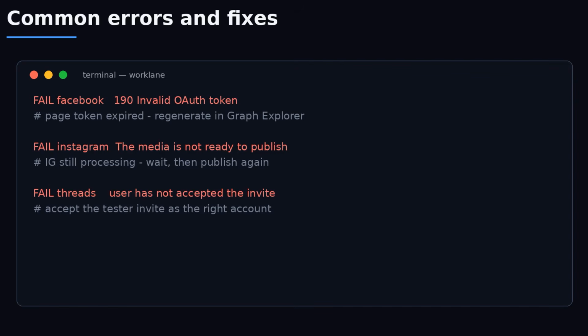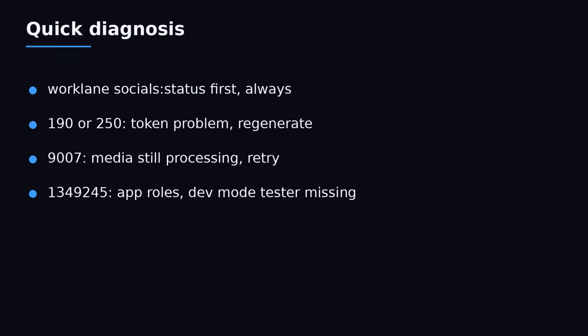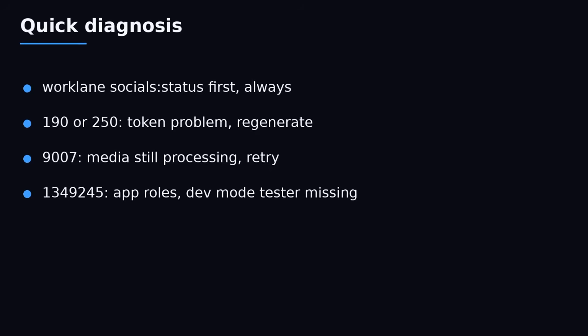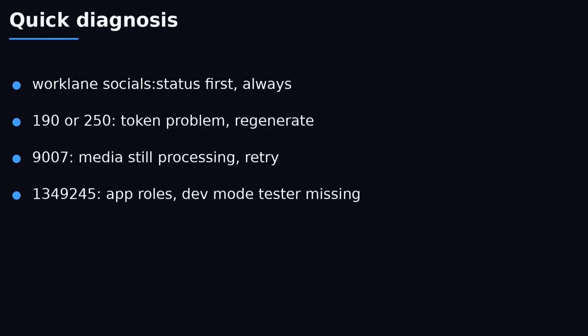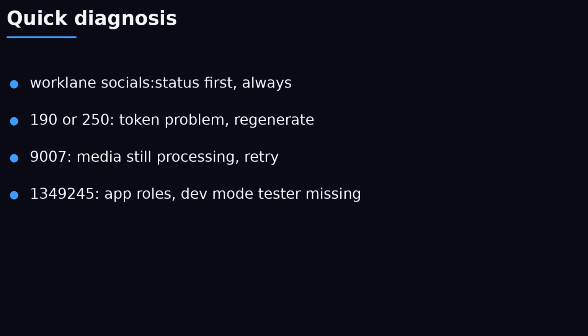If Threads says the user has not accepted the invite, that is the development mode tester flow. Add the account as a tester and accept the invite with that exact account. And whenever anything looks weird, run WorkLane Socials status first. It answers the most common question, which of my credentials are actually loaded?